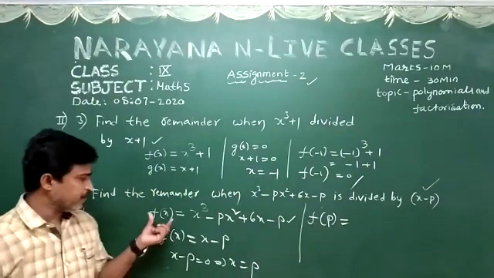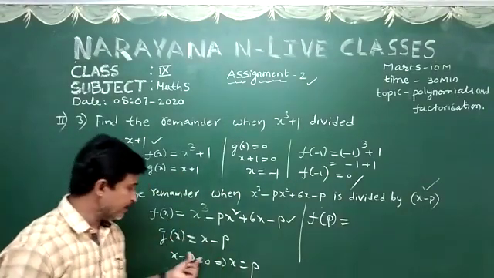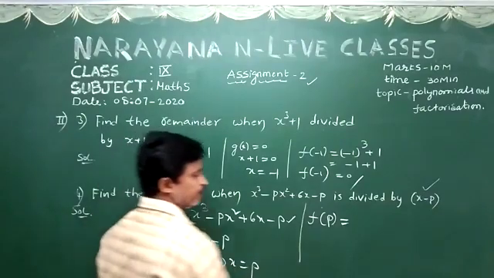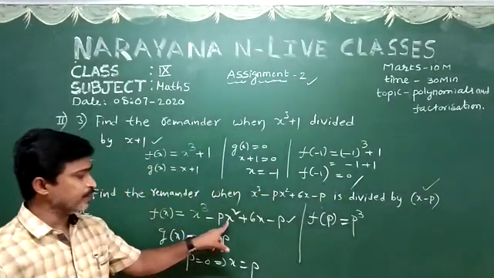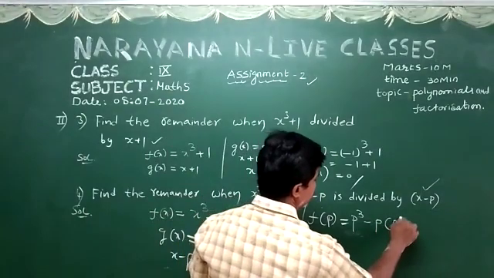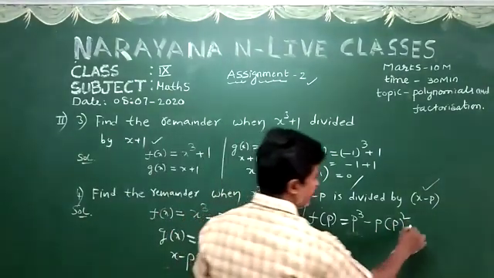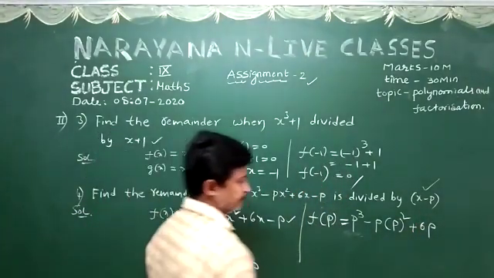Here f of x has x cube, and replacing x with p gives p cube, minus p into p square, plus 6 into p, and finally minus p.